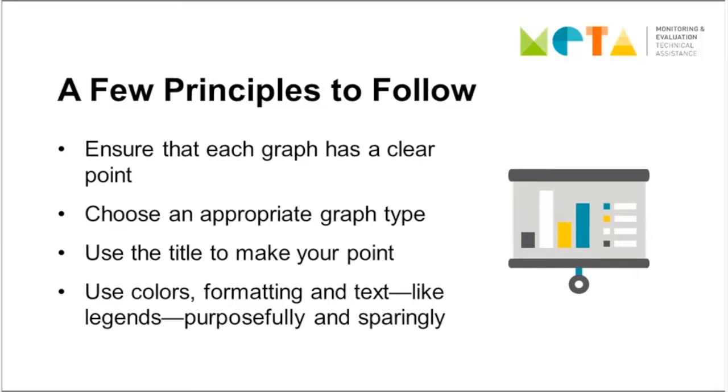So really think about what the person cares about seeing in the graph, where they're coming from. Again, going back to this point we made earlier about knowing your audience. And then once you have that in mind, choosing the right graph type to communicate that. I'll show a couple examples quickly in a minute, but just keeping it simple, one graph per point and nothing too crazy. I think that's always the best way to go about this.